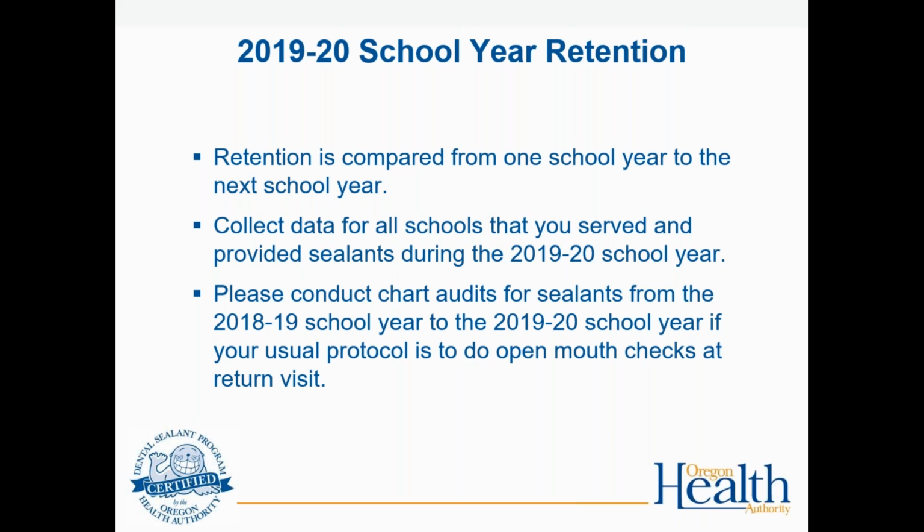If you provided sealant, maybe in a fall visit or something like that, for this school year, you can take those charts and compare them to last school year's and match any kids or the percentage of the kids that had sealant from the 2018-19 school year. And if you have any questions about that, just please email me or phone.